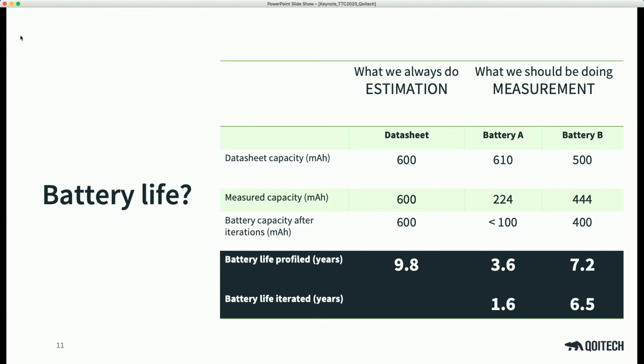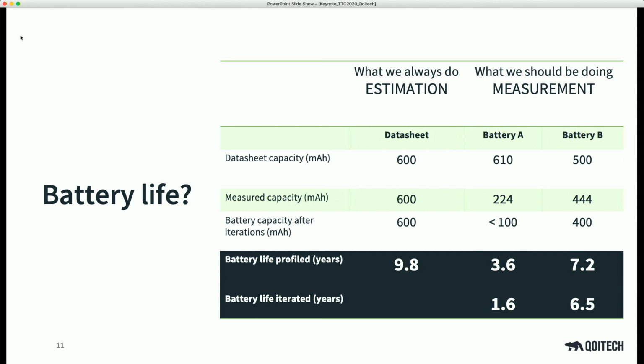This is a coin cell example, and it doesn't really matter, because all of these different batteries are very complex, but they are also very different from each other. So if you compare, in this case, two different coin cell batteries, and you go from the datasheet point of view, you say, okay, capacity is about 600 milliamp hours, that's it, this is where I'm going, and I don't do my average current.